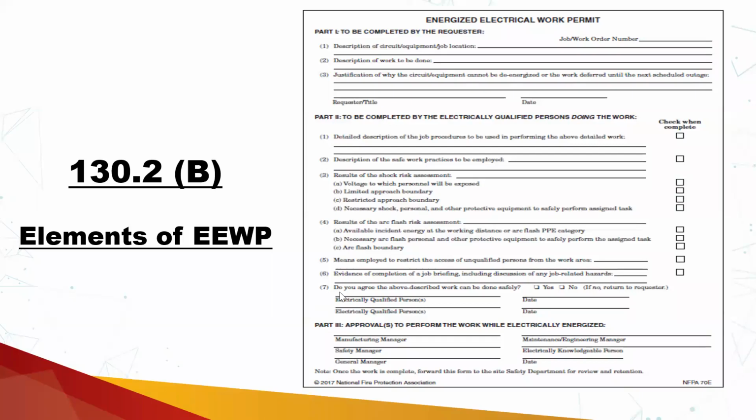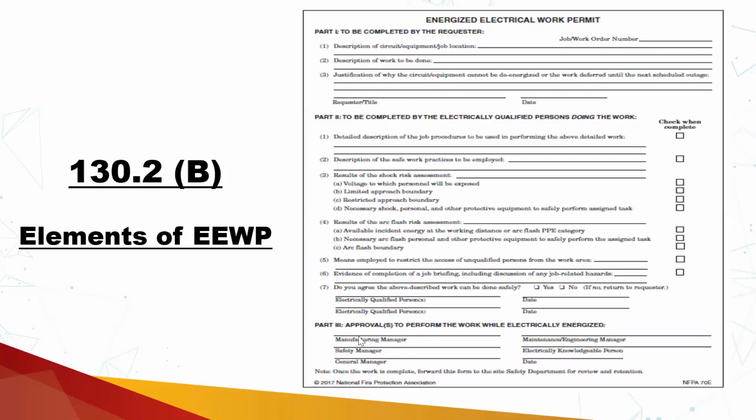In part 2, you can see the question: do you agree the above described work can be done safely? If no, then this will go back to the requester. But if it is yes, then he agrees that this task can be performed, and then he will be moving to part number 3 for the approval stage.